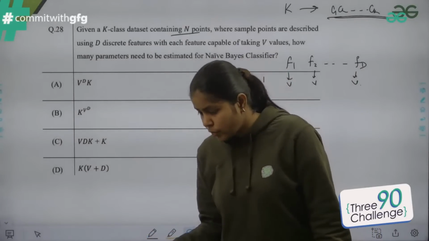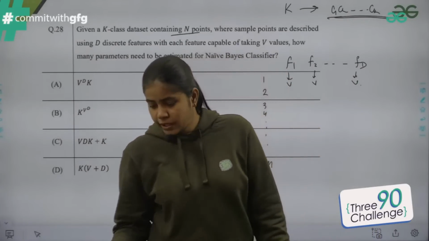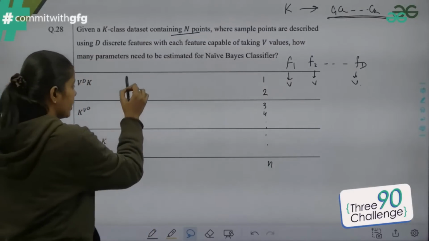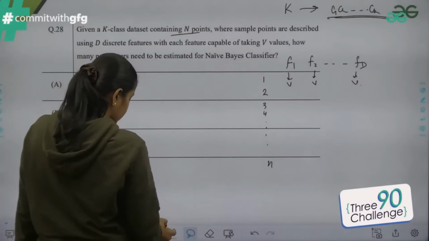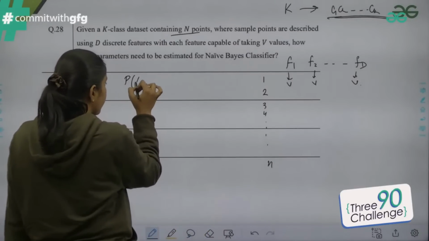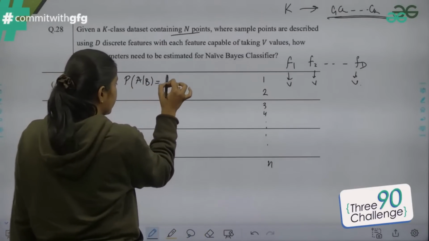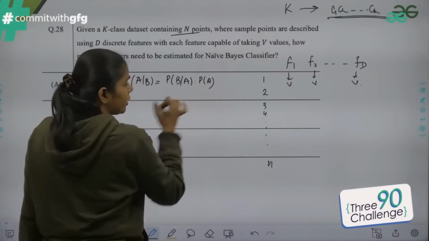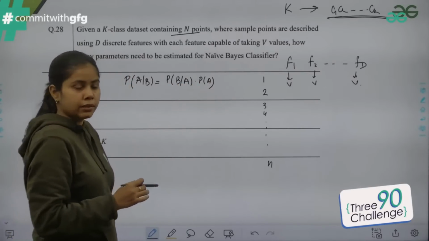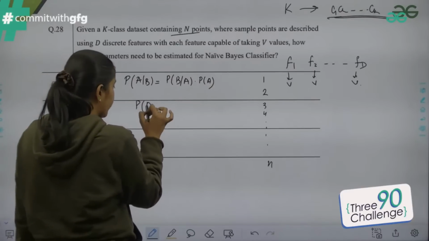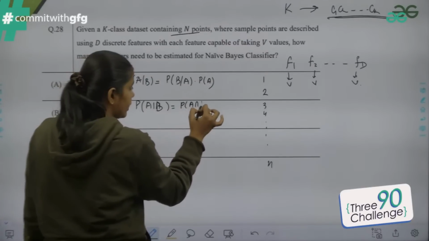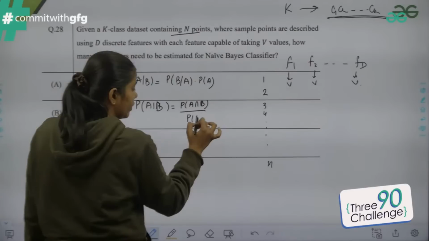Someone is asking to explain the naive Bayes classifier. Basically, guys, if you remember Bayes theorem, it says that probability of a given b I can write as probability of b given a times probability of a. Or you can use the conditional probability definition: probability of a intersection b upon probability of b.